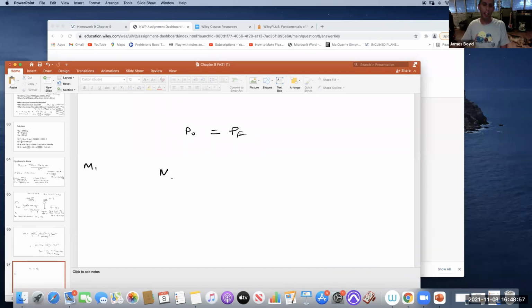So normally we would say M1 V1 plus M2 V2 initial has to be equal to M1 V1 final plus M2 V2 final in elastic or inelastic collision. The only difference is if it's inelastic, this is the same, right?